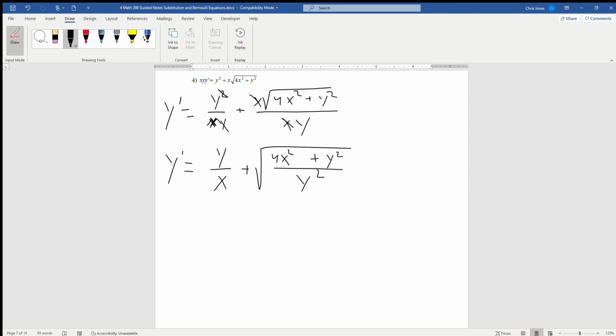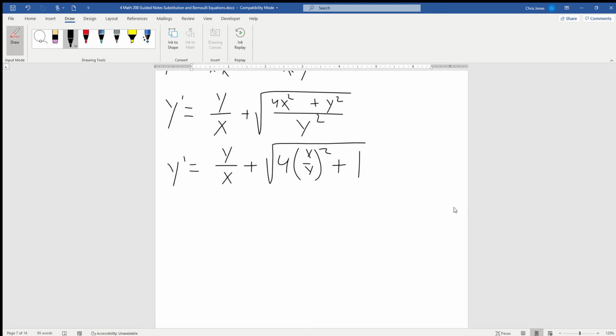Then we're going to divide these up, and we're going to rewrite this one last time algebraically. Y prime equals y over x plus the square root of 4 quantity x over y squared, because they're both squared, and then y squared over y squared becomes 1. All right, so that's as algebraically simplistic as we can write the differential.